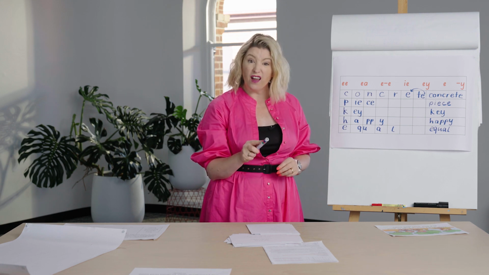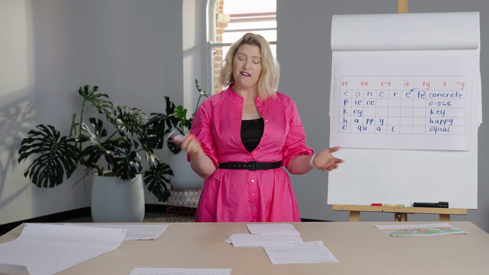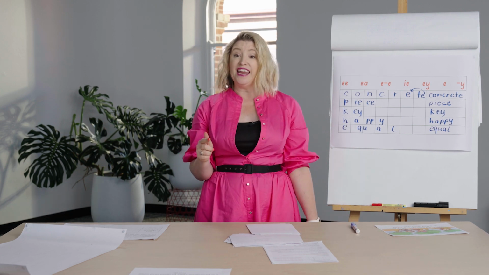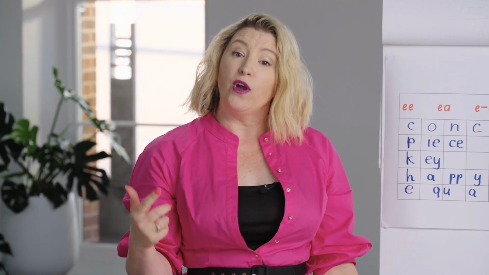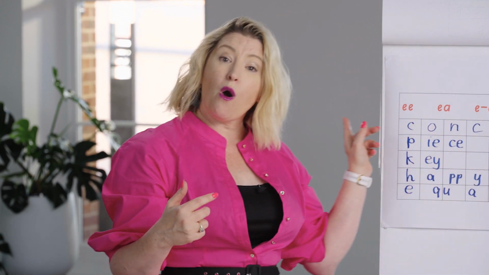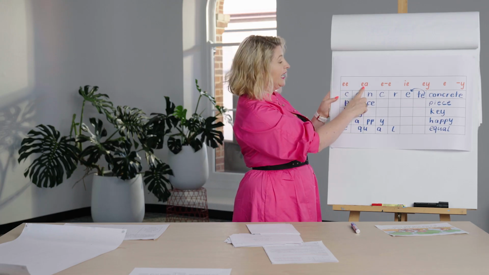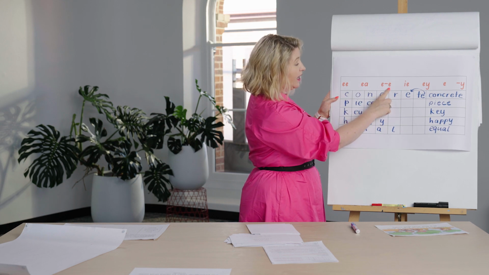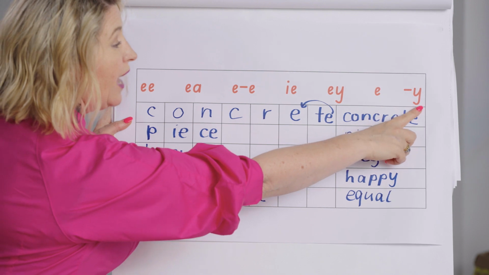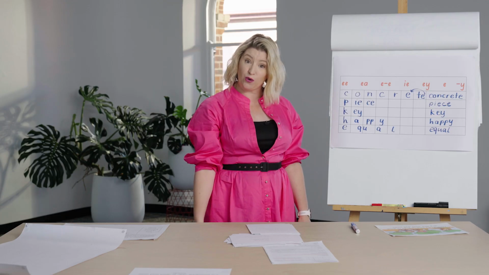And guess what? We're up to our review. You already got through the lesson. Fantastic job. So remember, our learning intention for today was to read and write words using all the different graphemes for the long E phoneme. So we've used double E, EA, split vowel E, IE, EY, E on its own, and Y making E. Wow, so many different choices.